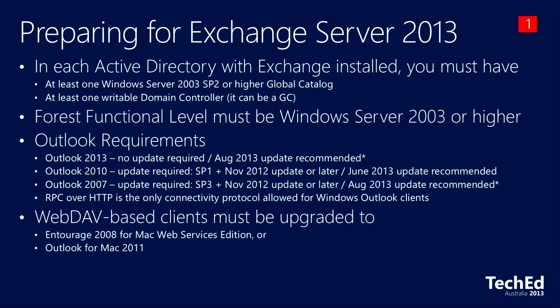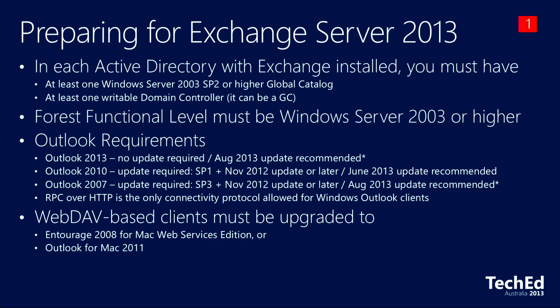So let's start with the prep. Remember, in each Active Directory site in which you're deploying Exchange, you have to have a Windows Server 2003 SP2 or later global catalog server. Again, that should not be a problem for all of you because that is our minimum supported level of Windows Server at this time.